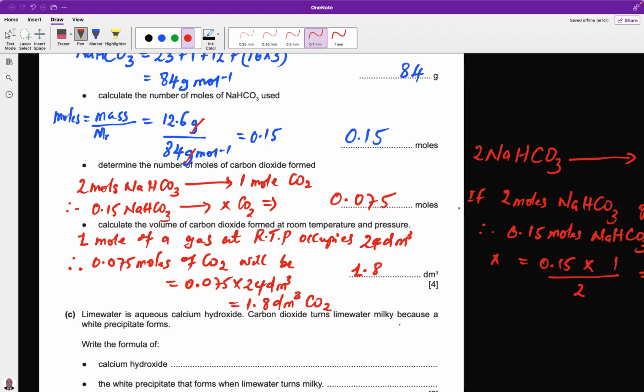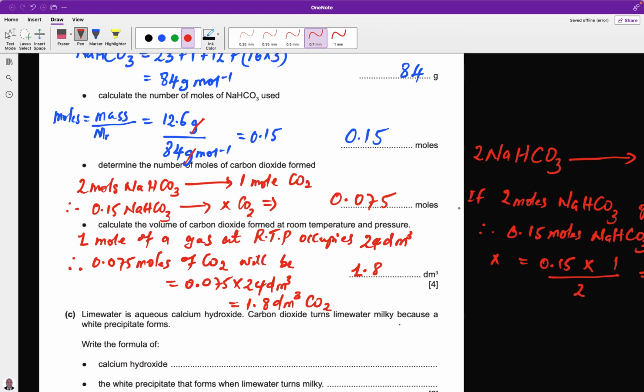So you have got the moles of carbon dioxide. Use the moles of carbon dioxide to calculate the volume of carbon dioxide formed at room temperature and pressure. It should be noted that 1 mole of a gas at room temperature and pressure occupies 24 dm cube.